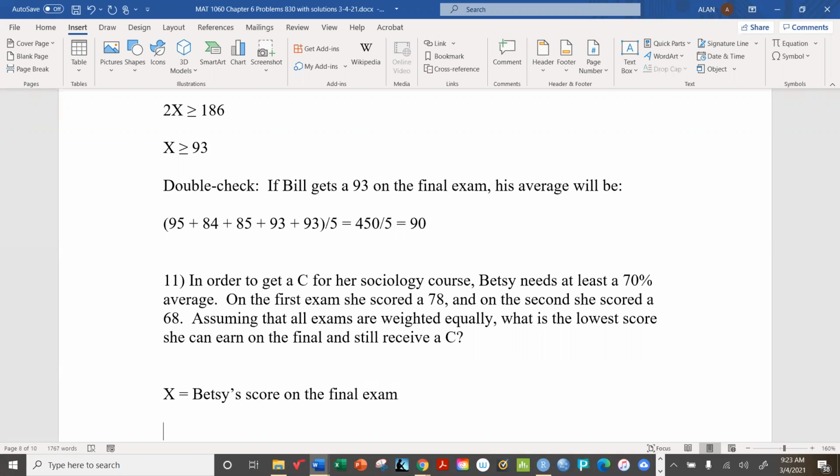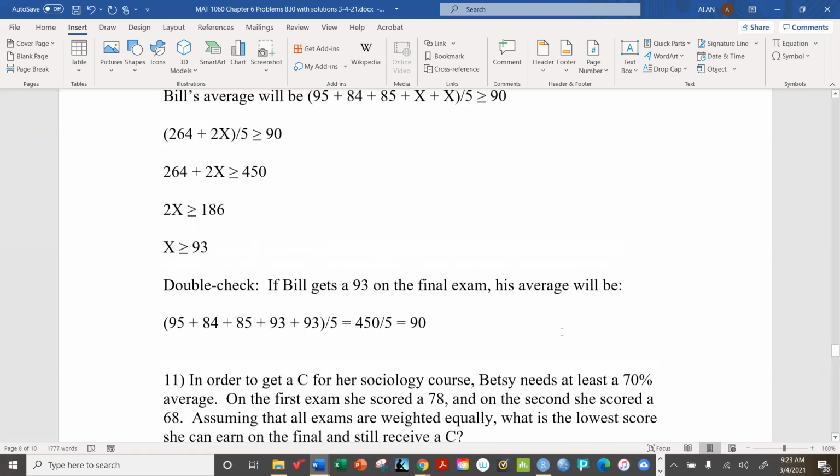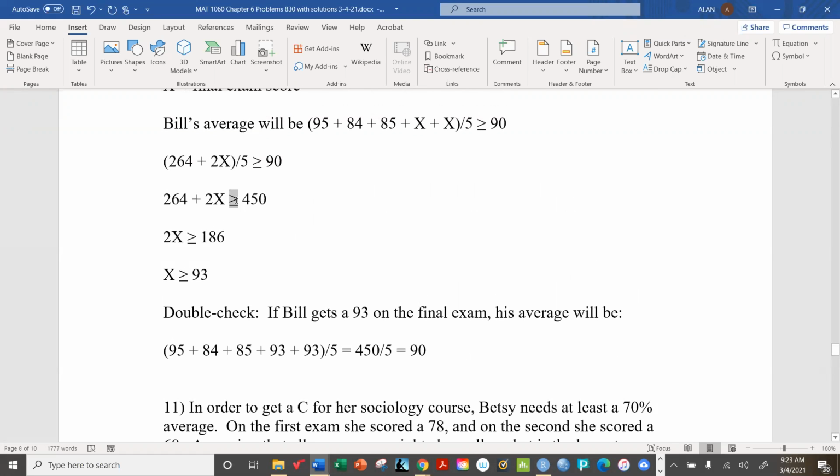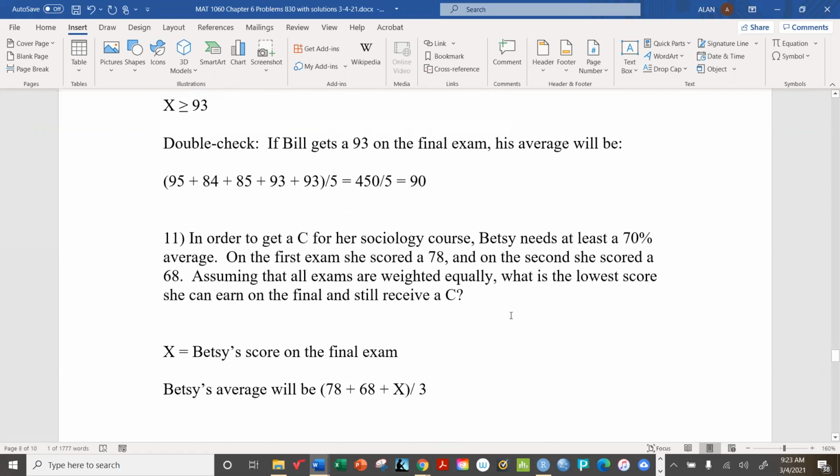So therefore, we know that Betsy's average will be 78 plus 68 plus X over 3, which has to be at least a 70 to get that C, to get that coveted C. So then I multiply both sides by 3.